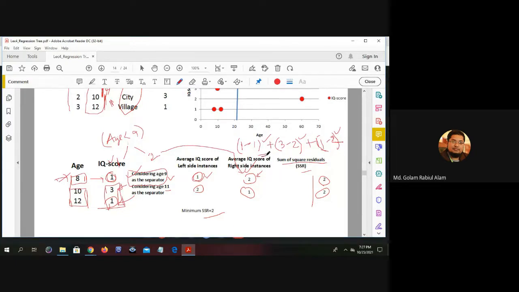If we do the math, then 1 minus 1 you will get 0, plus 3 minus 2 squared, that is 1, 1 squared is 1, plus 1 minus 2, this is minus 1 squared, just 1. And this is the sum of squares.